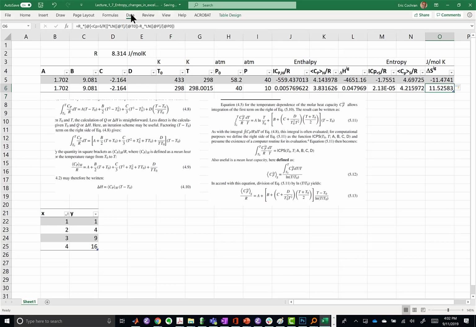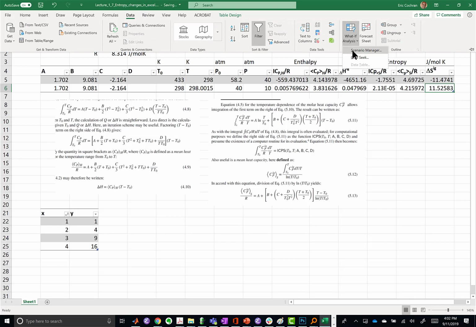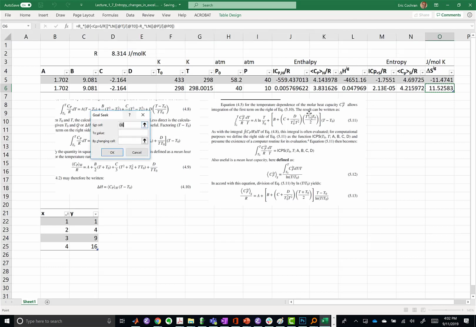All right. So that populated down, so my formula has been corrected now. So let's do this again with goal-seek. Again, I'm going to set O6 to a value of 0, and I want to do that by changing the temperature. And there we go. And let's see, does that make sense?